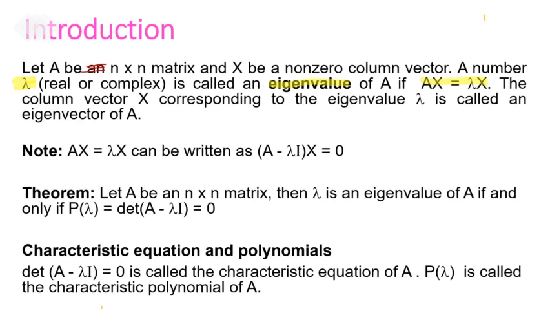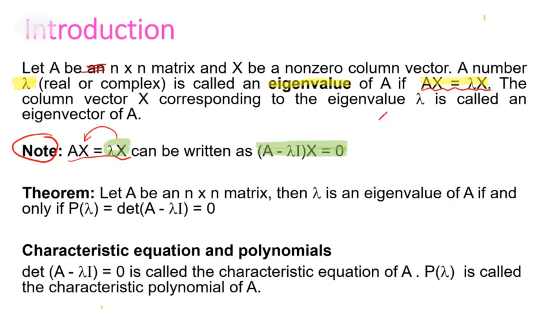Okay, we look at the note here. AX equals lambda X, same as here. It can be written as A minus lambda identity times X. So we factorize, we move X to that side.